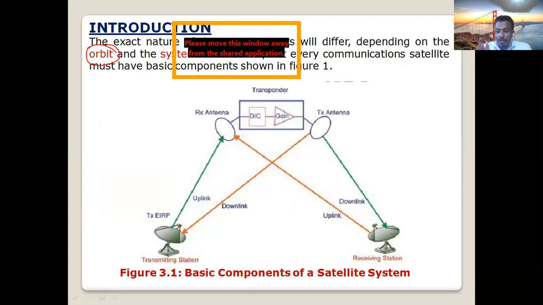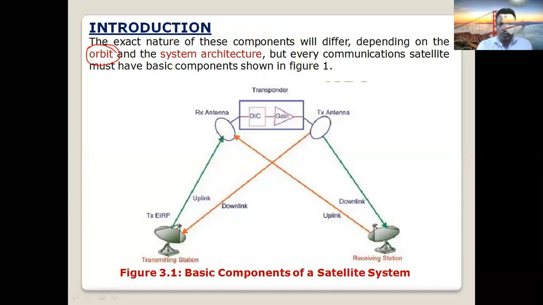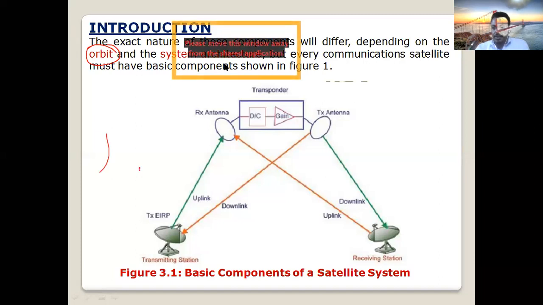When I say components, I mean the transmitter, the receiver, what type of antenna, and equipment which is not communication equipment, like power supply and control equipment. All this we'll discuss one by one, but it depends on the orbit. As we have discussed, satellites have different orbits.